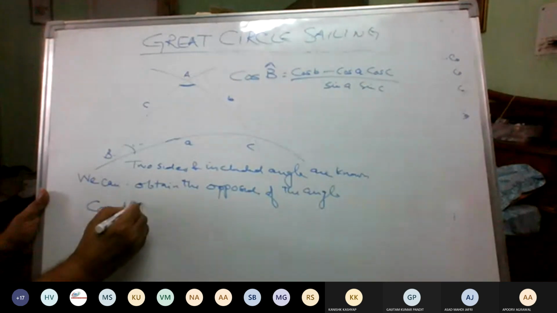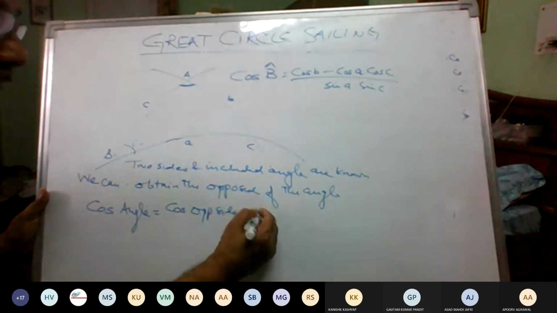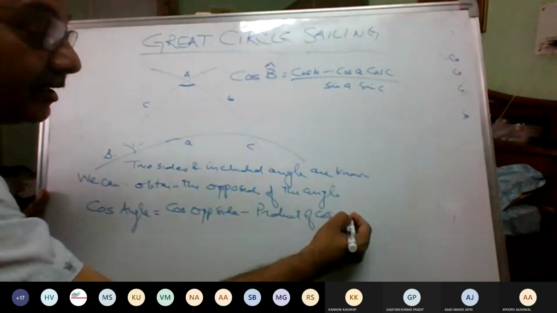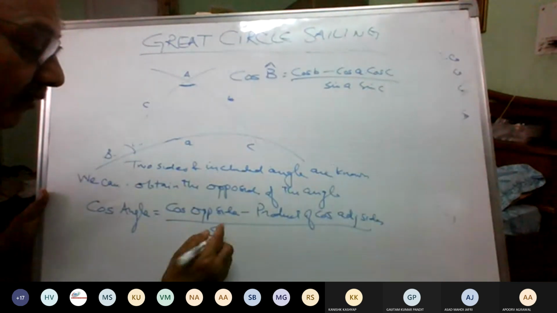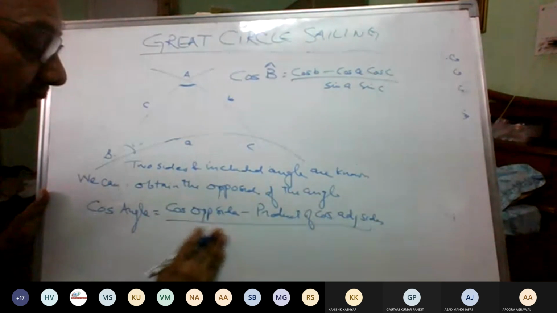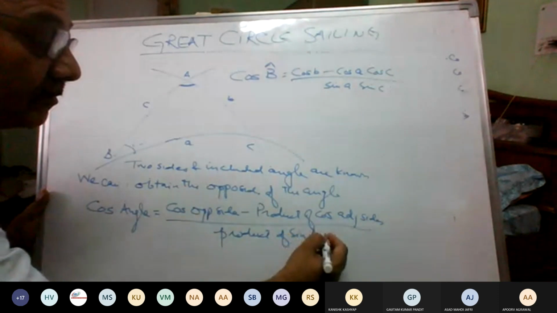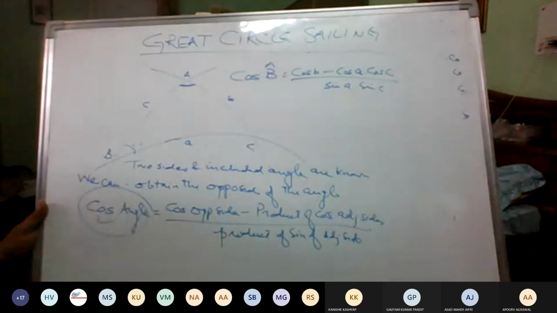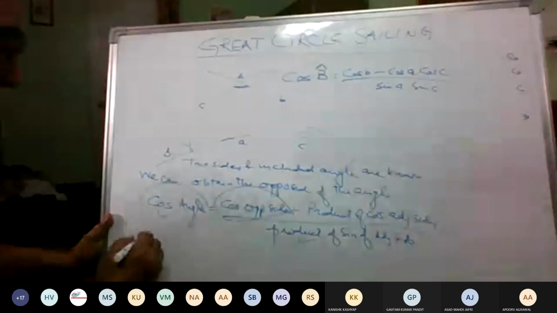Cos of any angle is equal to cos of the opposite side minus the product of cosine of adjacent sides, divided by the product of sine of adjacent sides. This is our formula. Now we know this angle and the adjacent sides, and we need to find the opposite side. We will modify the same formula and write it as follows.